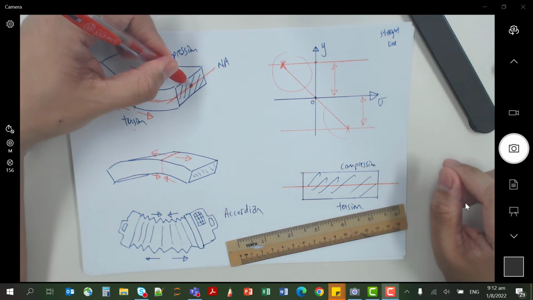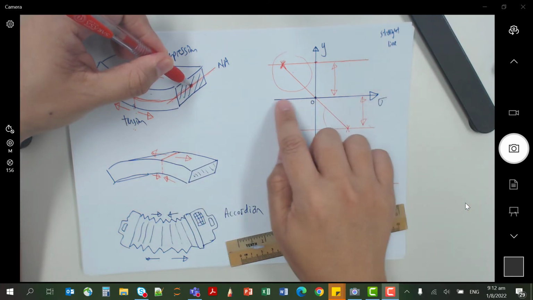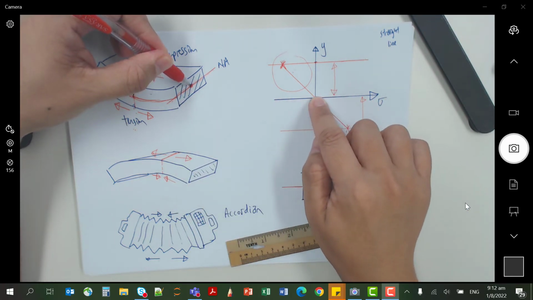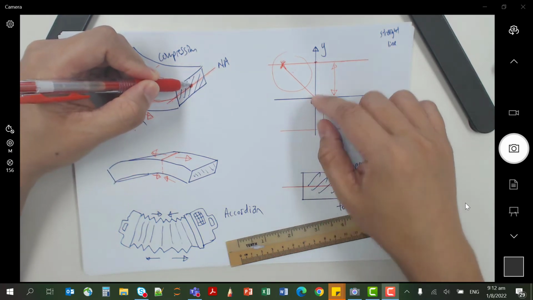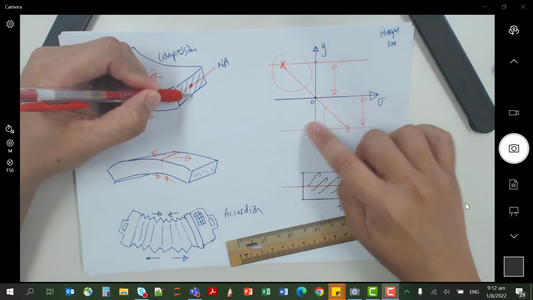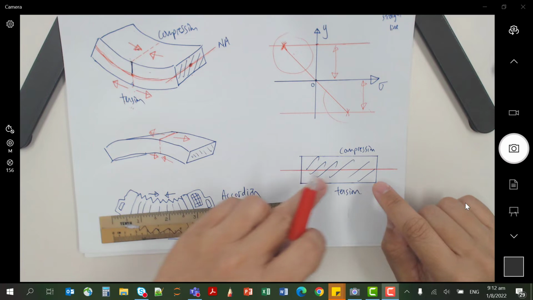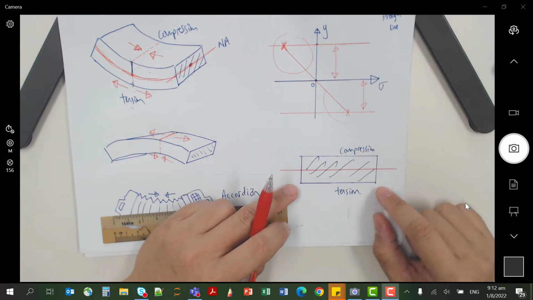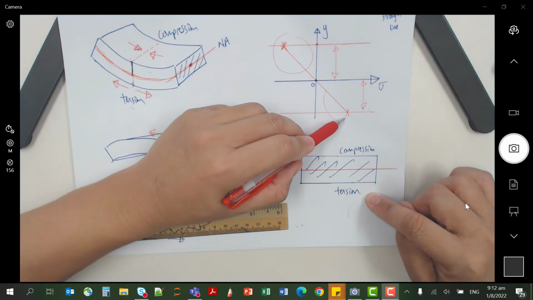You can say that the center of gravity is here, and I will put this sigma axis on this location. Any point that is above is up here, and any point that is below is below here. As you draw the two-dimensional cross section, on top is compression, negative stress, and below is tension, positive stress.